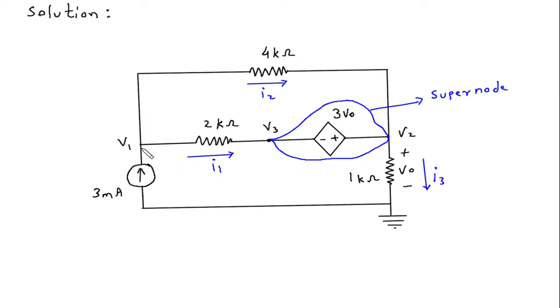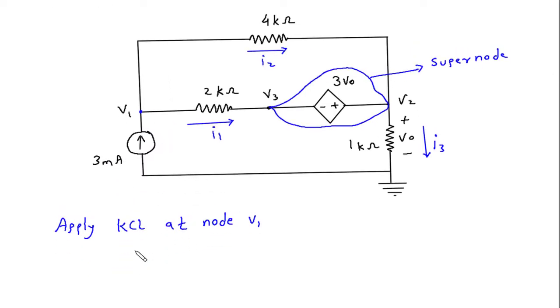Now we will apply KCL at node V1. So at node V1, entering current is 3 ampere, 3 into 10 raised to minus 3, is equal to leaving current, I1 plus I2.